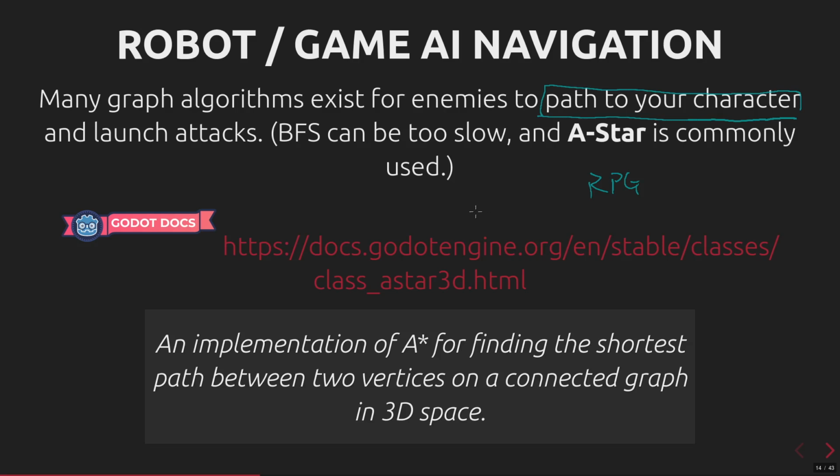And if you're moving some group of people along, and you want to move them to get to this castle place, you probably don't want them to take a path like this and end up at the castle when you can just go straight here. So this is such a problem in video games that instead of reinventing the wheel, there's just a class that you can plug into the game engine's implementation of A-star 3D.